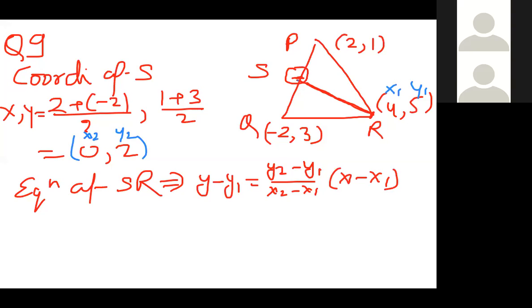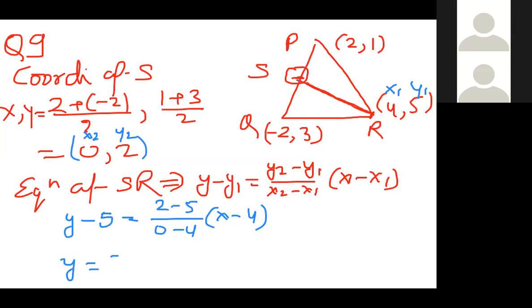So it will become y minus y1, that is 5, equals (y2, 2 minus 5) upon (x2, 0 minus 4) times (x minus x1, that is 4). So y equals 5, taking it on the other side, plus (minus 3) upon (minus 4), meaning plus 3 by 4, times (x minus 4).